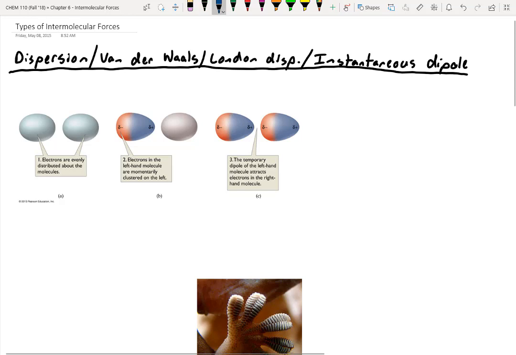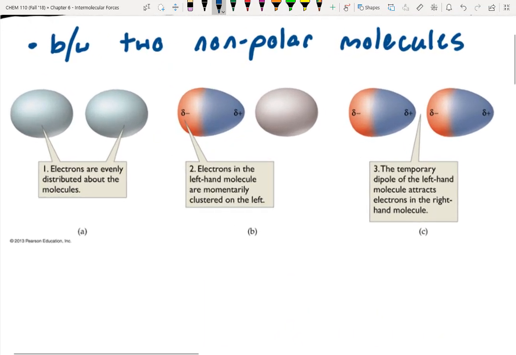These are really common. In fact, they occur between every molecule of any type. And they are between two nonpolar molecules. And basically it's the result of electrons being thought of as particles, right? So let's kind of zoom into this.